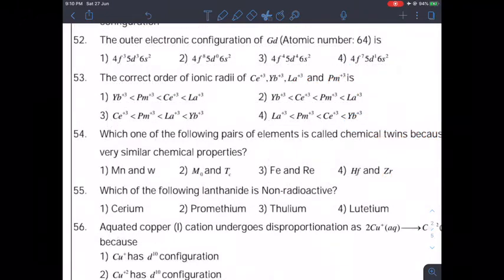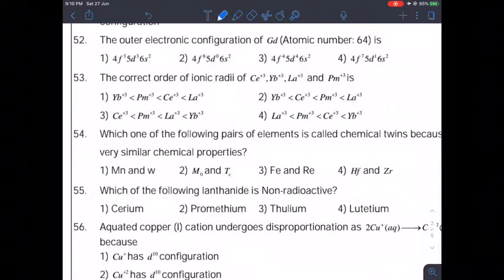Now coming to question number 53, they are asking about the correct order of ionic radii of Ce plus 3, Yb plus 3, lanthanum plus 3, promethium plus 3. It is very interesting to know that unlike d-block cations, the radius of the lanthanoid series elements gradually decreases when you move from left to right.